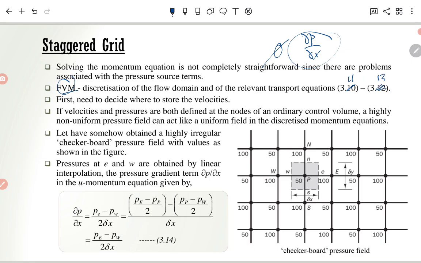There may be a correction there. So we need to decide where to store the velocity first. We guess the velocity, and then we need to define where to store it.